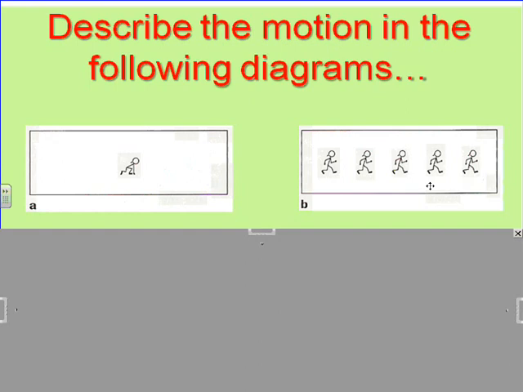I think most of us would be able to say that, okay, that should be a constant velocity, that she's moving at the same rate over time.